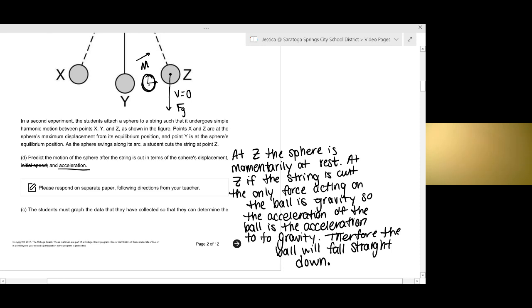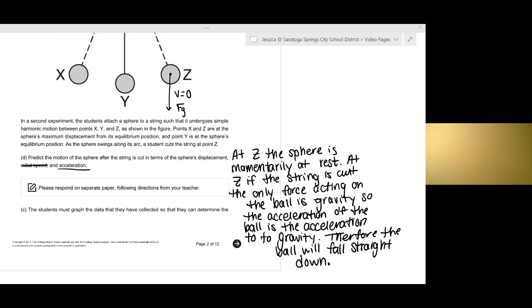If I release it at position M, the ball would rise up a little and then fall down like a projectile. But because I'm releasing at Z, we have no initial velocity because the velocity at Z is 0. Therefore, we're just going to fall straight down, which is a weird thing to think about, but that's what occurs.